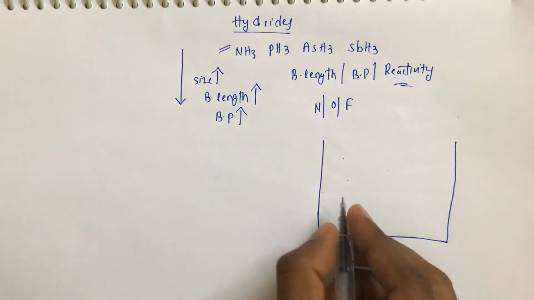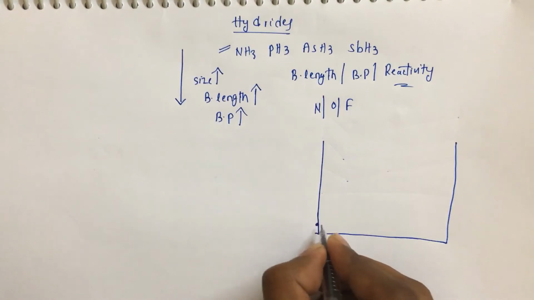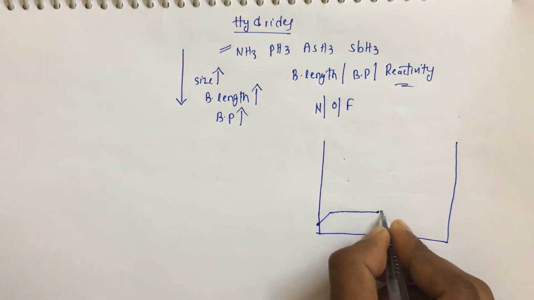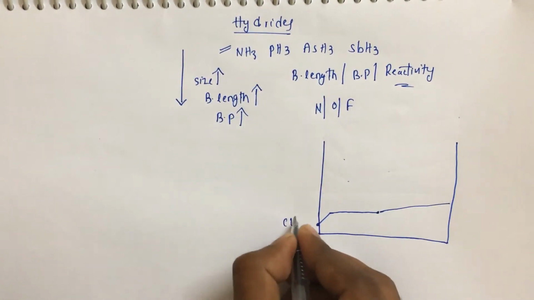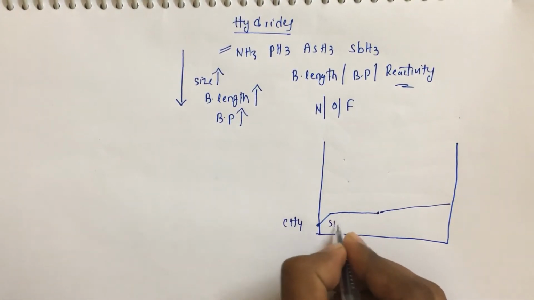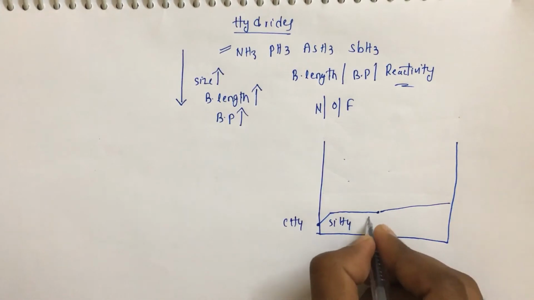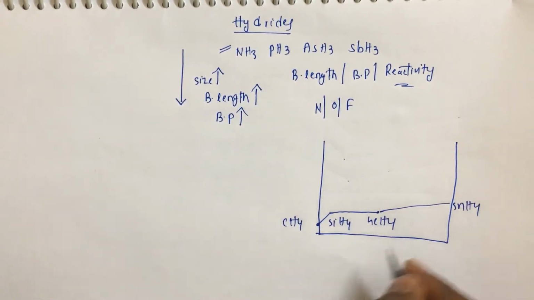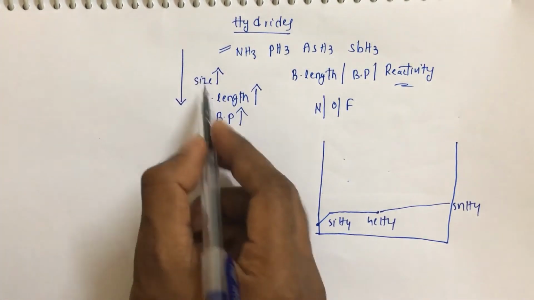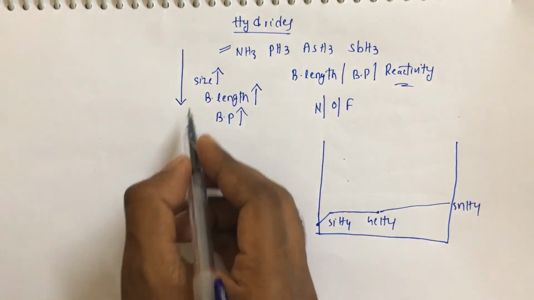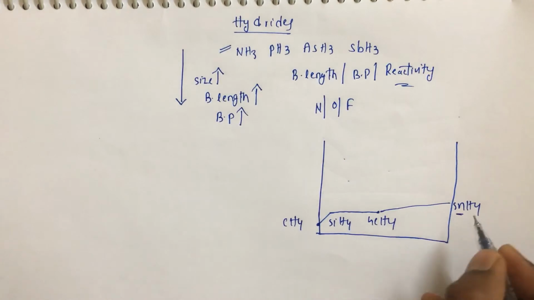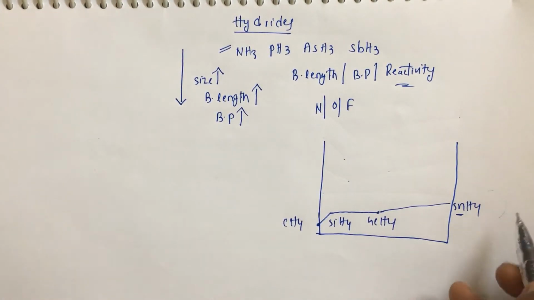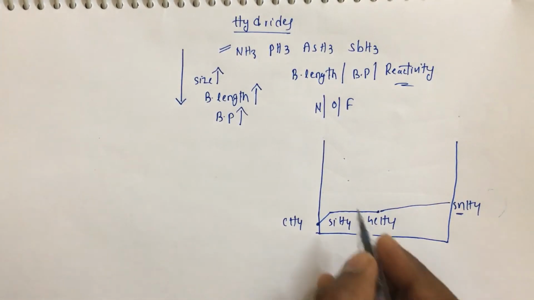So we have a graph like this, and when we talk about carbon, it shows like this: this is CH4, this is SiH4, this is GeH4, and this is SnH4. So this concept is working here. As we go down, the size is increasing, so Sn has more size, because of that more bond length, so it has a higher boiling point. So this is the boiling point order.